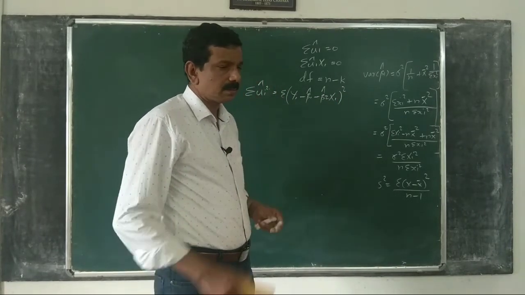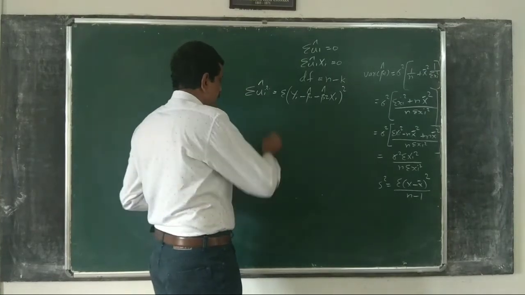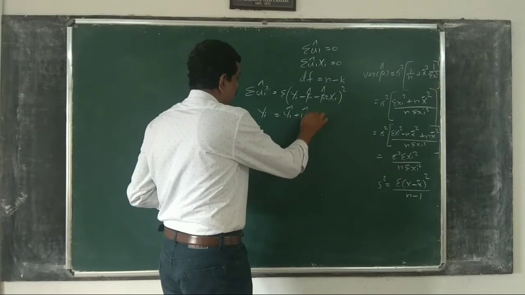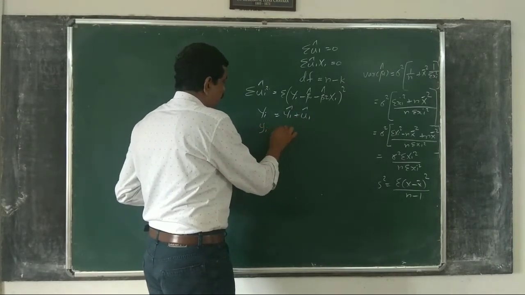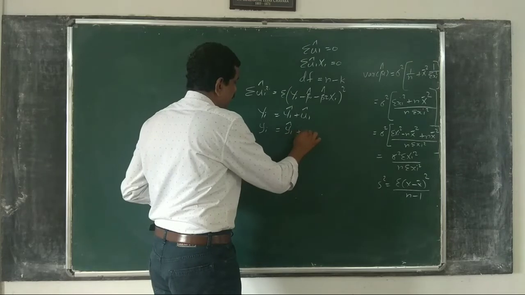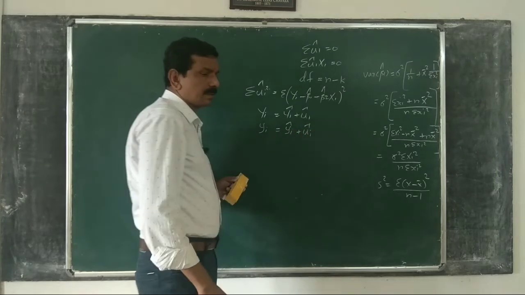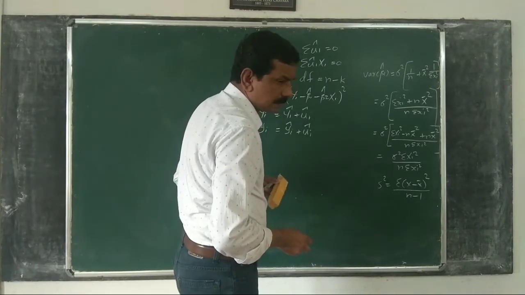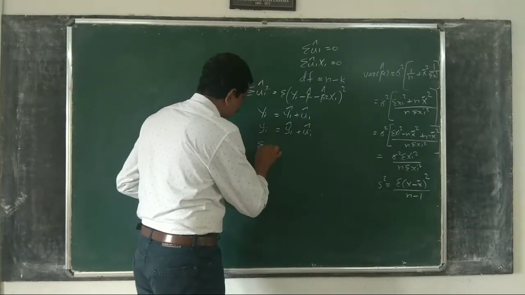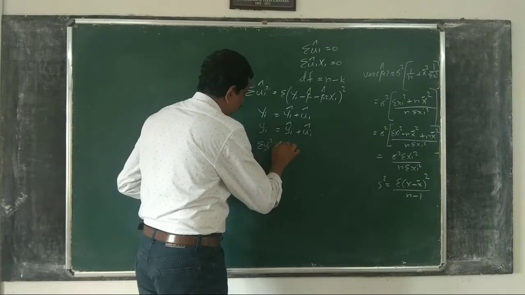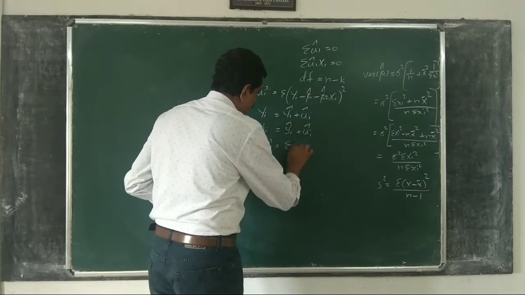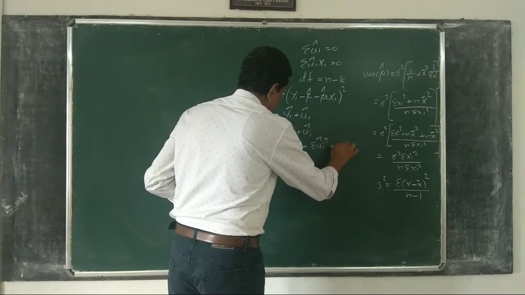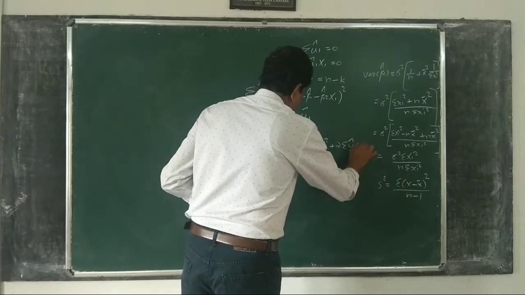But in practice, we calculate it differently. We know that yi is equal to y hat i plus u hat i, and in deviation form yi is equal to y hat i plus u hat i. And sigma yi square is equal to sigma y hat i square plus sigma u hat i square plus 2 sigma y hat i u hat i.